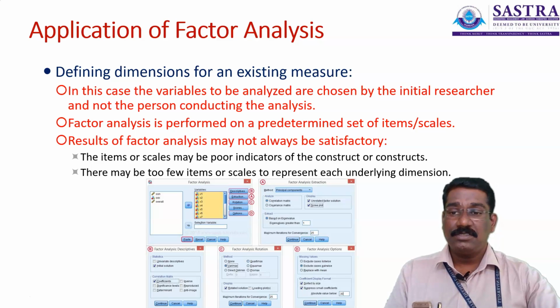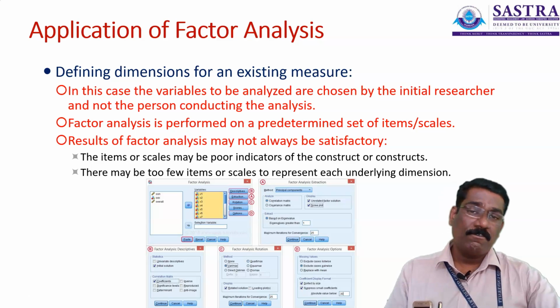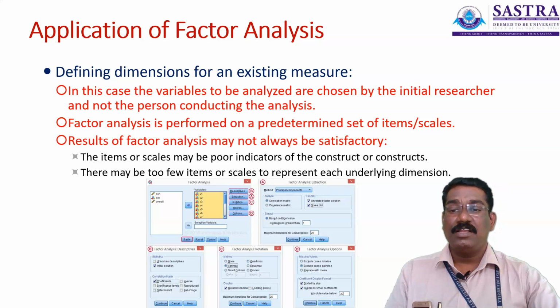It is the researcher who will do the review and pick up the respective variables of those respective dimensions. So factor analysis is performed on a predetermined set of items and scales.